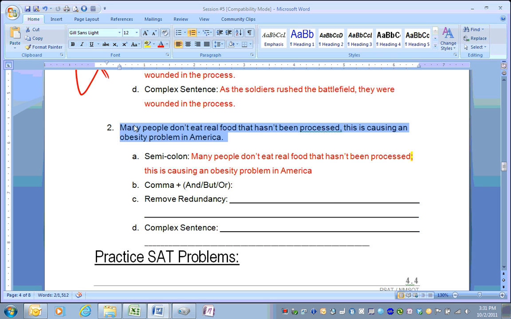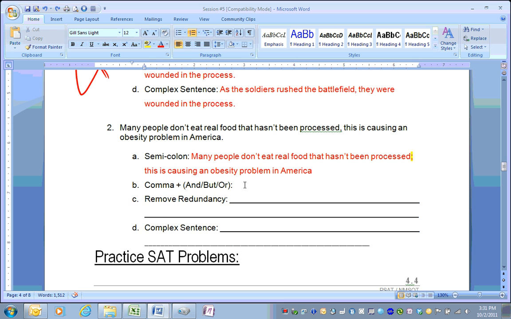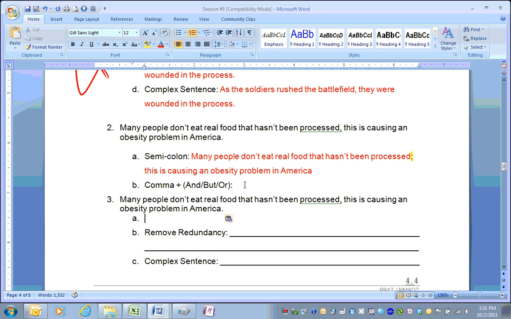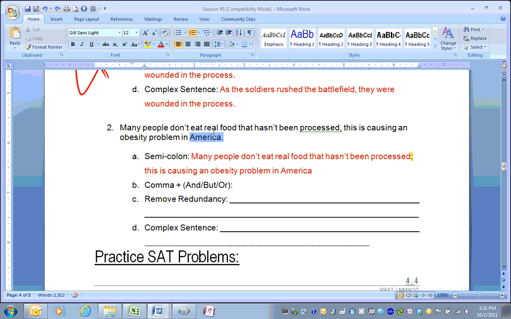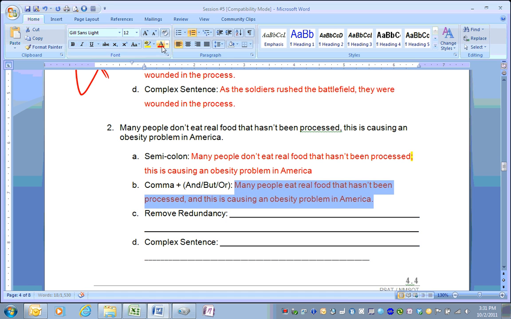Or, kind of frustrating sometimes, so many people eat real food that hasn't been processed. And this is causing. So that's kind of the addition. Rarely have a comma there.